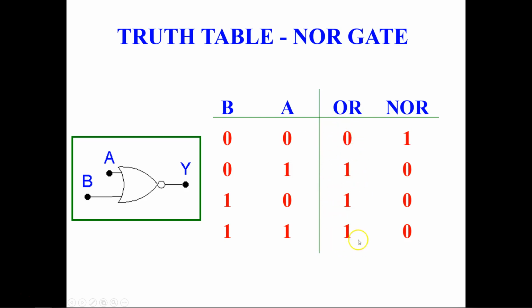So this was our output from the OR gate, and when we take the complement of the OR gate, which makes the NOR gate, then for this case we will have 0 to 1, and then for all the next 3 cases it's going to be 0. So in summary, we can say that in the NOR gate the output will be high if both the inputs are low, otherwise the output is going to be low.